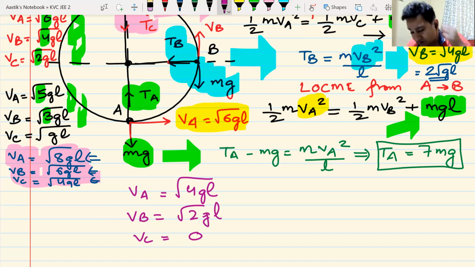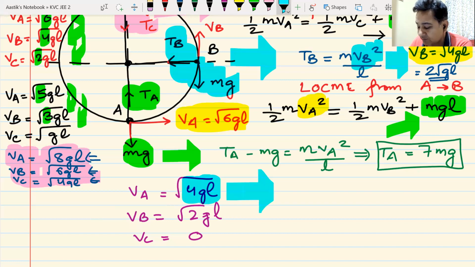Now I ask you, is this possible? No, sir. Why is it not possible? Because if the velocity here is root over 4GL, it will never reach point C, yes or no? Sir, it will never reach point C.